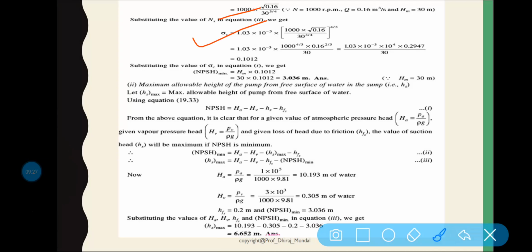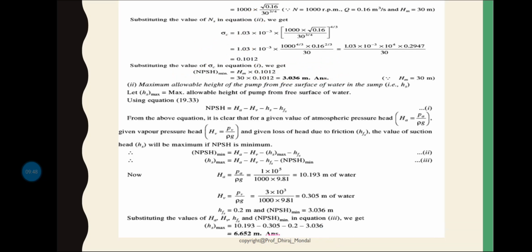So ultimately sigma will be 0.1012. Now put the value: minimum NPSH, net positive suction head, is equal to HM into 0.1012. So that is your 3.03 meter. That is your answer. Clear?